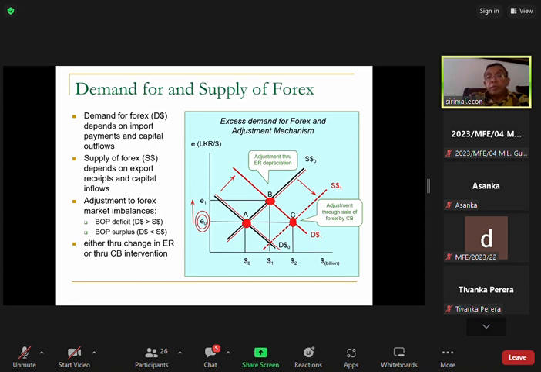How does it intervene? It has to sell foreign exchange to meet this excess demand. You can see there is an excess demand.